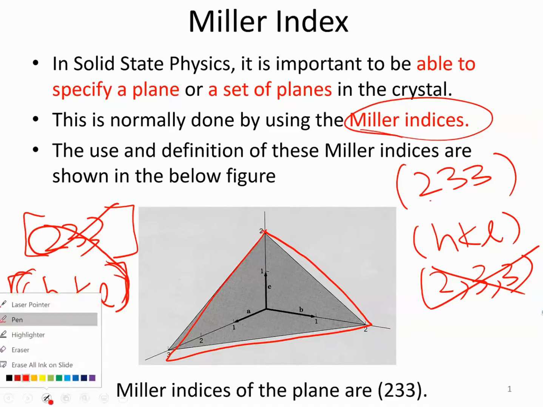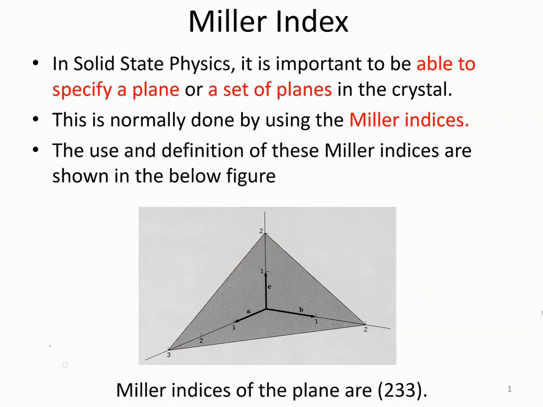Then how do we determine the Miller index for this plane? Very simple. The value for A is 3, the value for B is 2, the value for C is 2. So the bracket is 1 over A, 1 over B, 1 over C. What do we get?